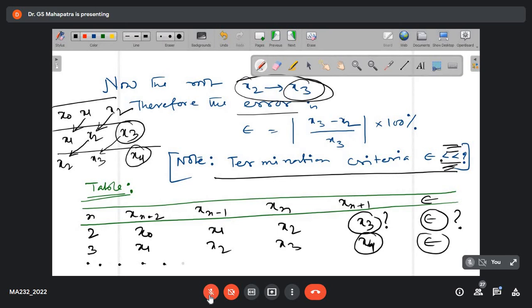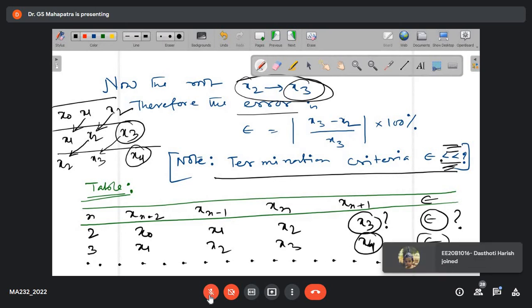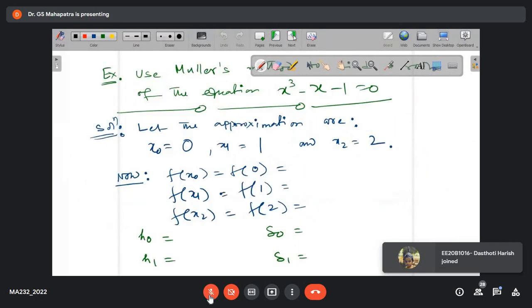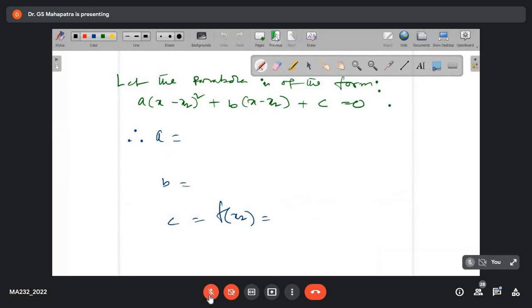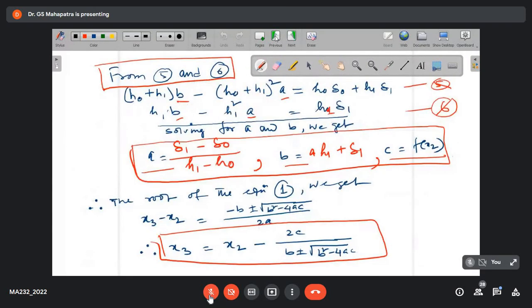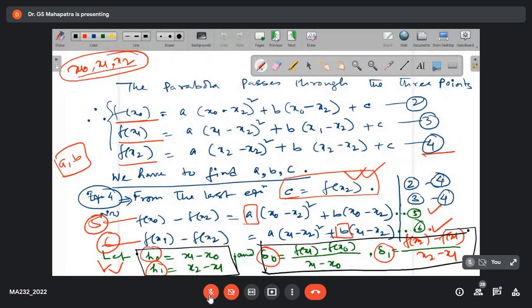I think you have already noticed that all the calculation part is actually denoted in terms of x0, x1, x2, and finally x3.